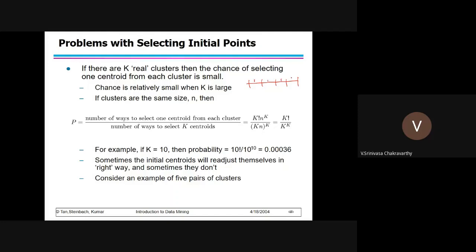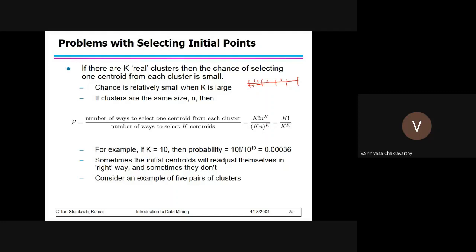Any point will do, but I take one of them. I cannot take 2 from the same cluster and none from another. That's what we did before, and that gave bad results. So to select centroids like that, if I randomly select k centroids from the entire data set, what is the probability that each of these centroids comes from one and only one of the clusters?